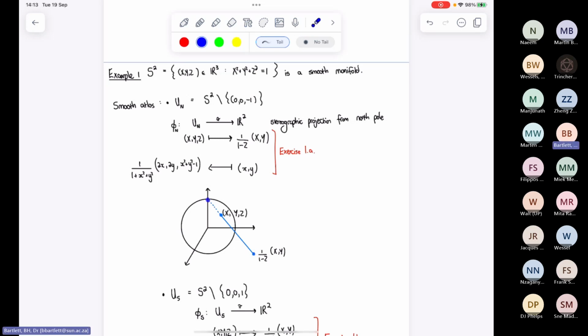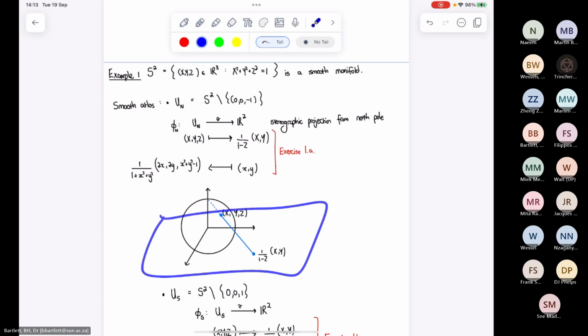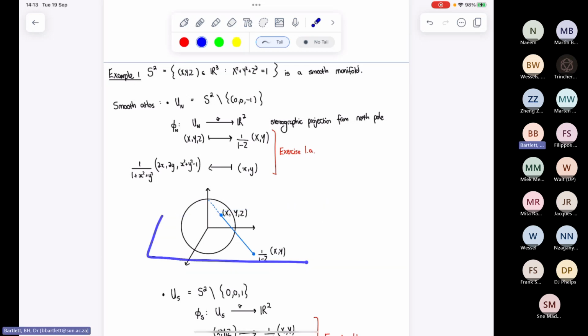Take a ray of light starting at the North Pole, and shine it out until it goes through the point you're interested in on the two-sphere. You keep shining that ray of light out until it hits the plane R^2, where Z equals 0. At that point, you ask what are the x and y coordinates.